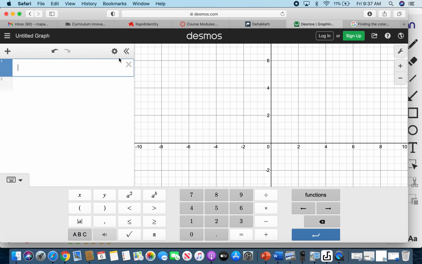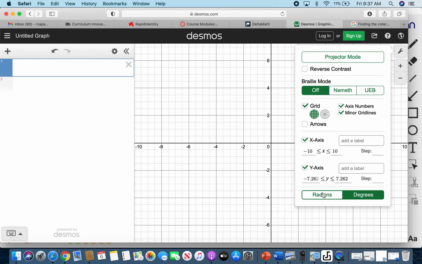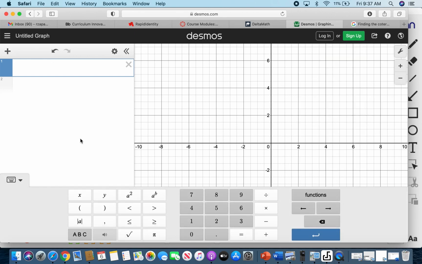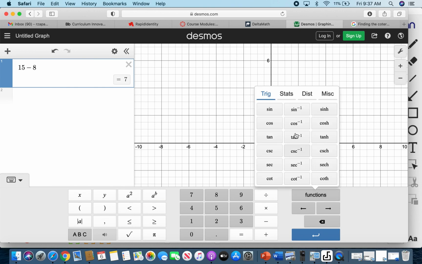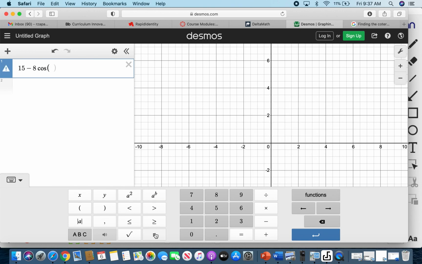So that's 15. First, we have to put this in radian since our angle is in radian. That's 15 minus 8 cosine pi over 2. And we know that time is 1 second, so we don't need to find it. That's equivalent to 15 meters.